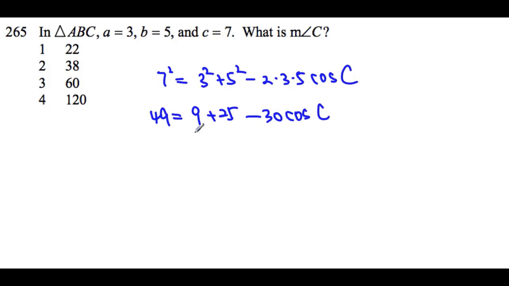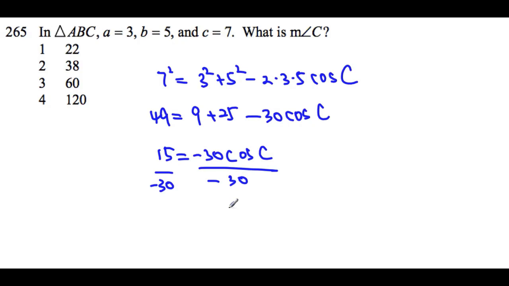Of course, we have to subtract 9 and then subtract 25, then we will end up getting 15, which is equal to negative 30 cosine of C. Dividing by negative 30, you will realize that cosine of C is equal to negative 1/2.